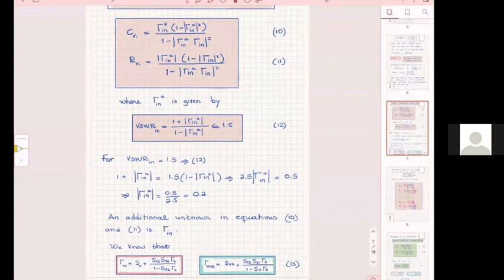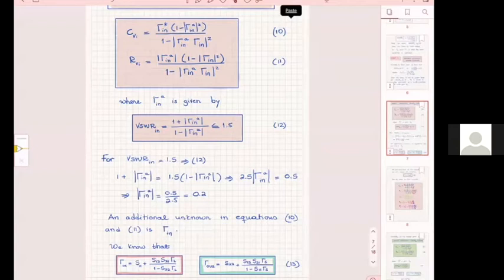Okay, now what do I have inside here? If you look at this one, I have the gamma in alpha, which is defined by 1.5 VSWR from this relationship. And then I have also gamma in. Gamma in is in there. It's not gamma S that is in there, it's gamma in.